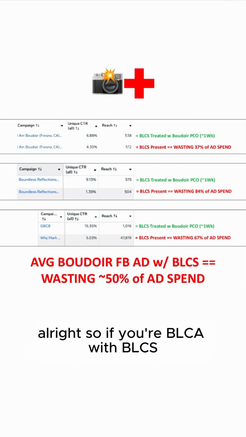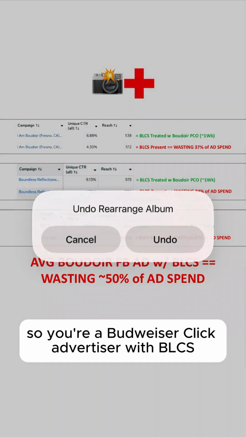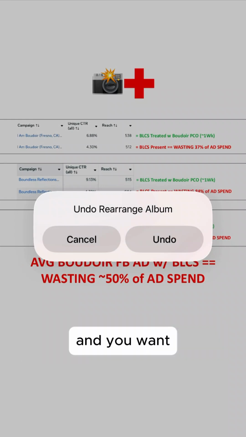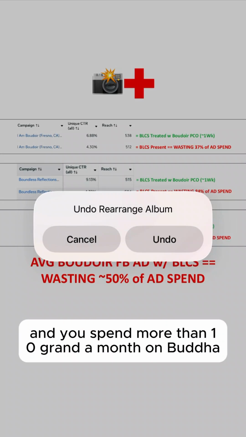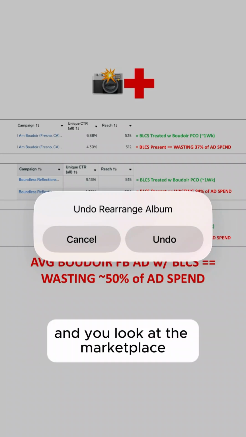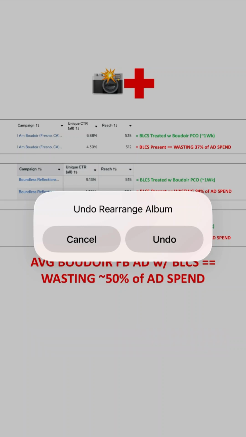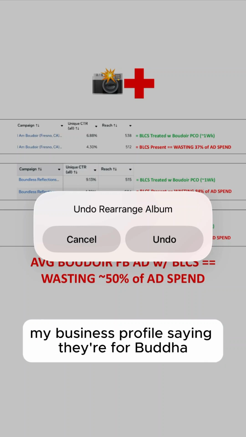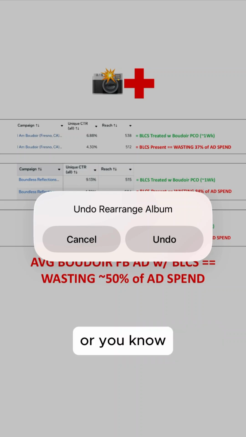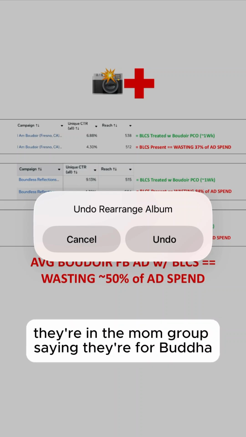All right, so if you're a BLCA with BLCS, so you're a boudoir low click advertiser with BLCS, and you spend more than 10 grand a month on boudoir Facebook ads, and you're looking at the marketplace, seeing it get more saturated. It seems like anytime someone gets a new iPhone, they're setting up their Google My Business profile saying they offer boudoir, or anyone gets a new camera, they're in the mom group saying they offer boudoir.